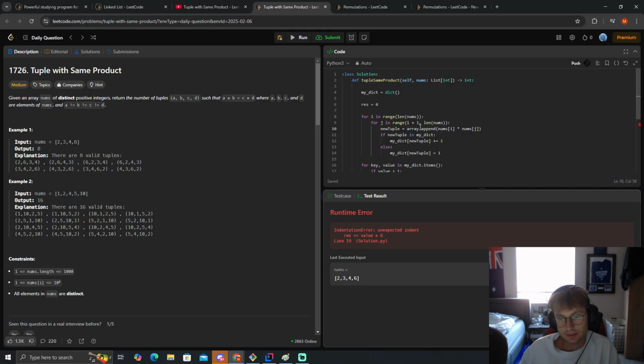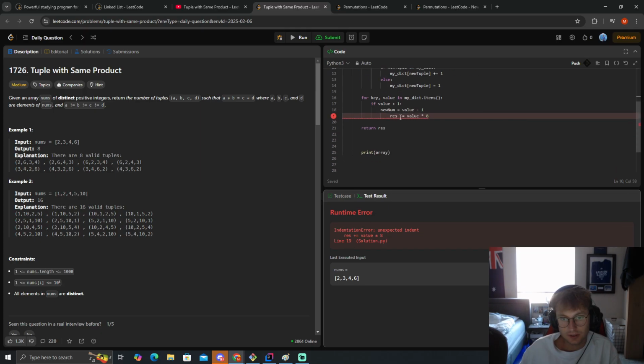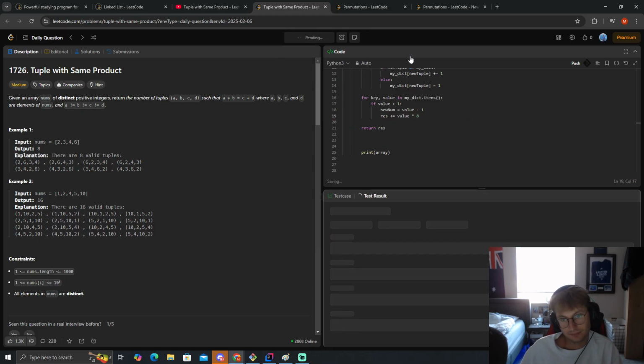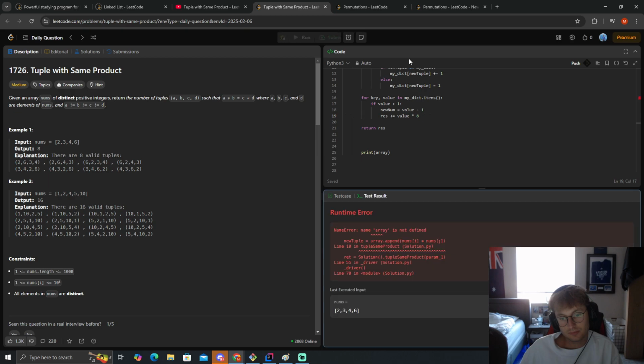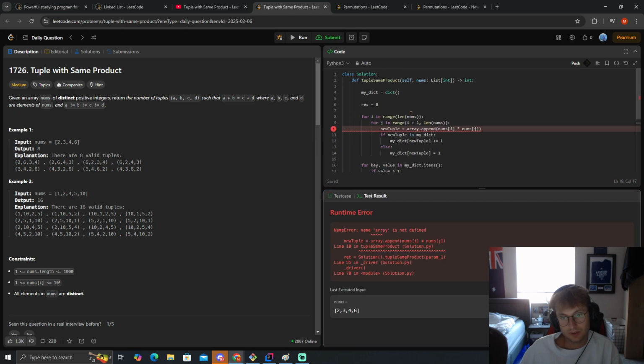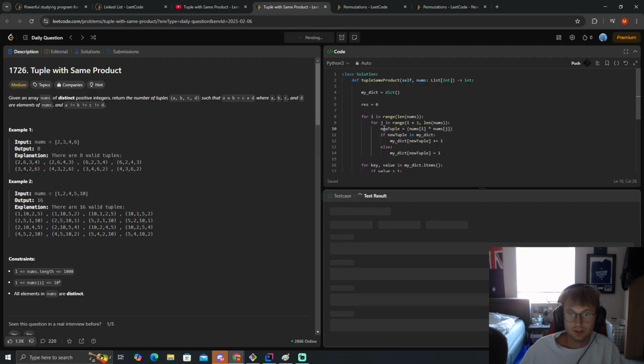Unexpected indent. Line 19. Oh, whoops. Array is not defined. It's not even a tuple anymore.